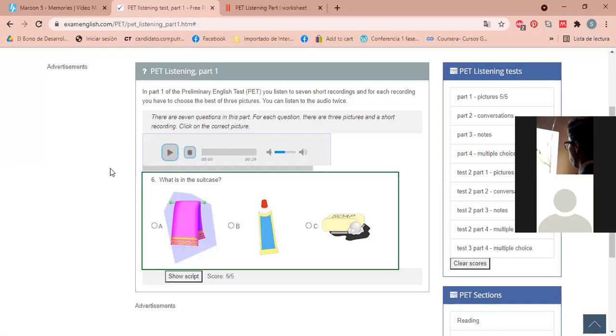Eso me va a hacer teacher. Okay. Santi got letter C. Listening estaba un poco más tricky, right? Tenía mucho más truco.